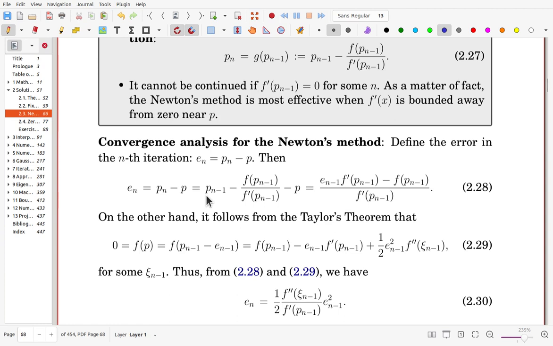We first define the error in the nth iteration.